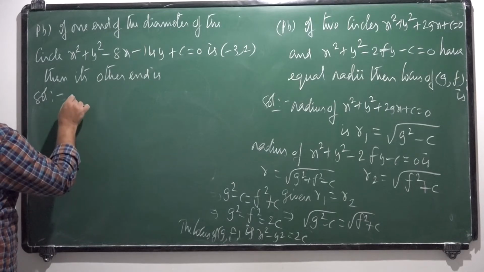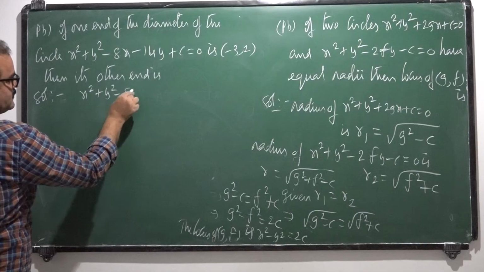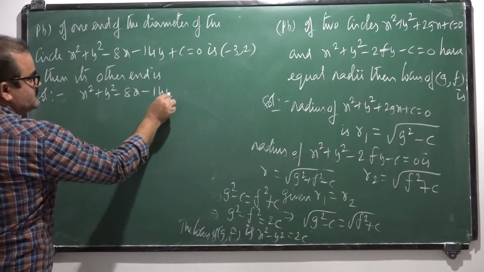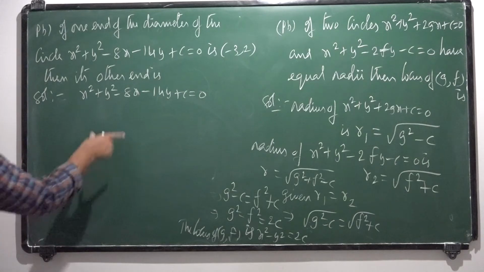What is the given circle here? x square plus y square minus 8x minus 14y plus c is equal to 0.